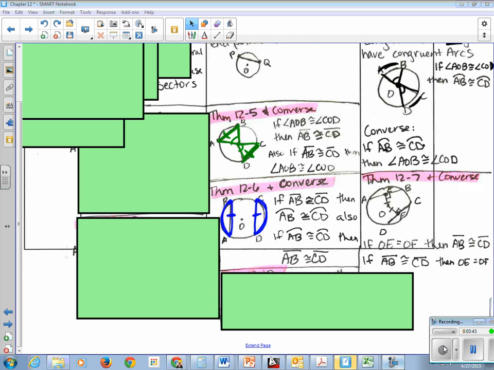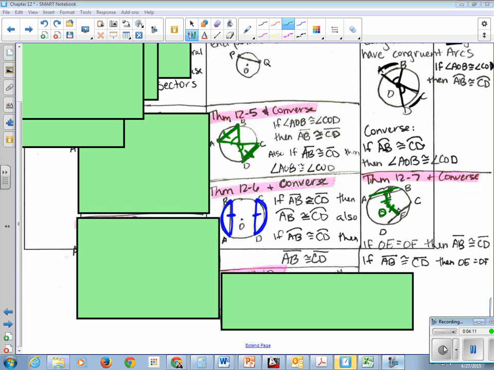So here's O right in the center. Theorem 12-7 says if OE, E is up here, this is OE, is congruent to OF, then AB is congruent to CD.